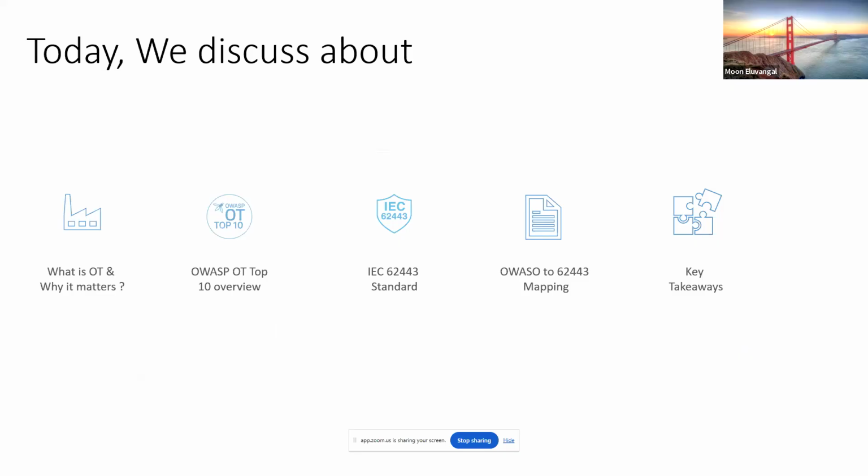Then I will go to the topic of OWASP and what the OWASP OT Top 10 is and what it contains. Then I will move on to IEC 62443, then to the mapping part, and finally the closing slide with takeaways.